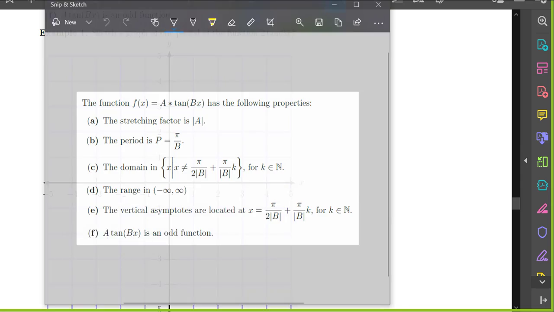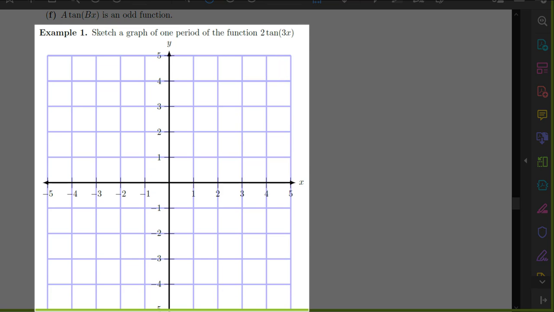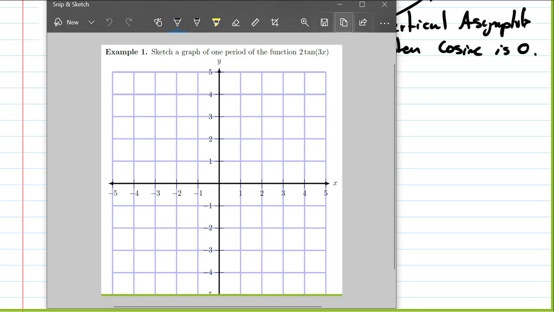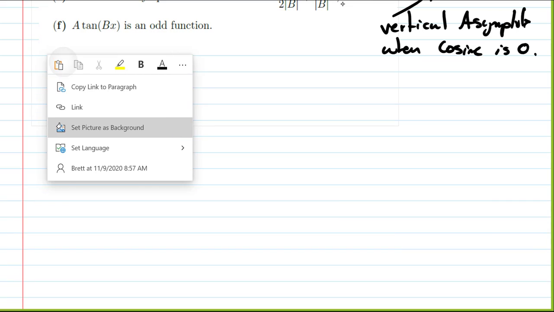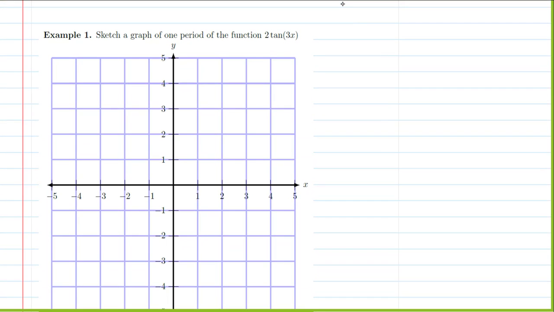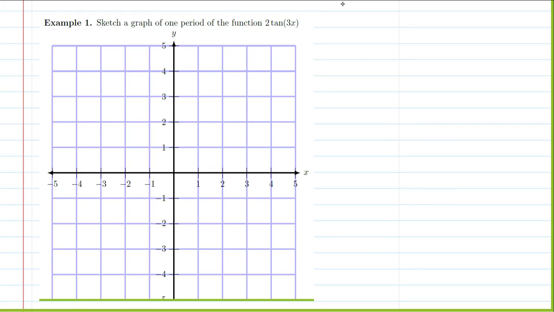All right, so let's sketch a graph of one period of this function, 2 times the tangent of 3x.